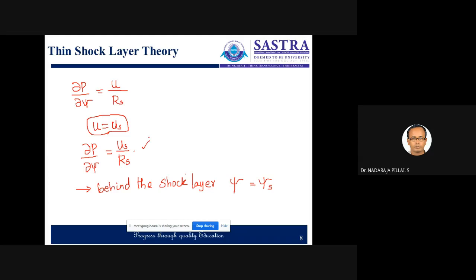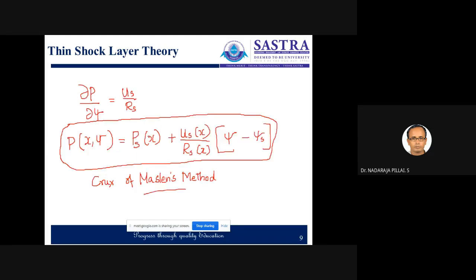When we integrate the equation between the point in the shock layer where the value of the stream function is ψ, and just behind the shock where it is ψ_s, right?